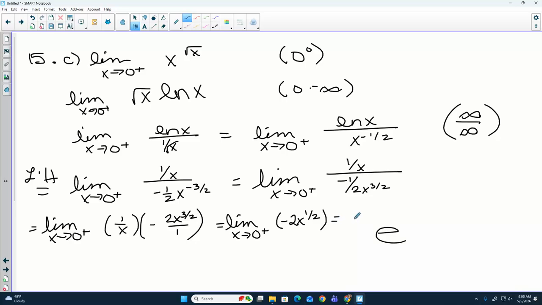Negative 2 times the square root of 0 is 0. My answer is e to the 0 power, which is 1. So at the very end, you have to make sure you put that e back. Questions about L'Hopital's?